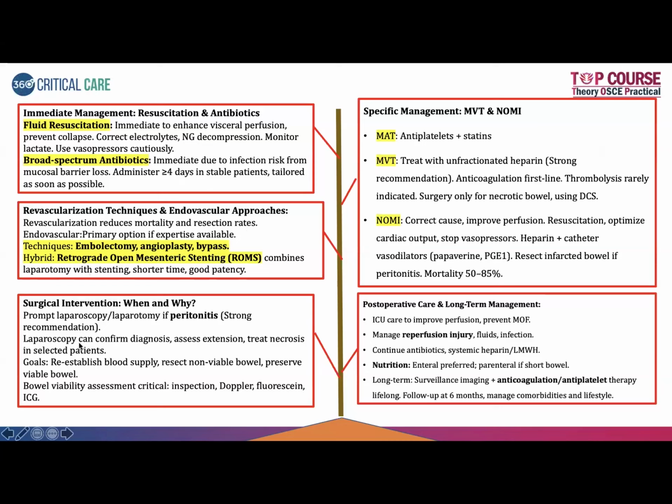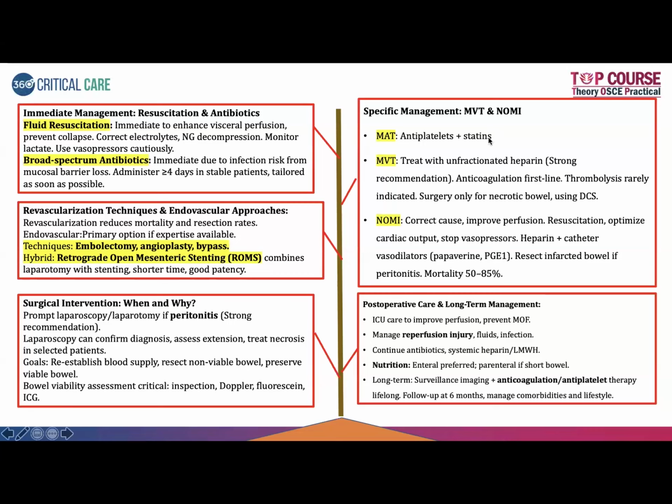Laparoscopy can be done to assess the extent of necrosis, and then make sure the blood supply is established. If not, bowel viability assessment is very critical. It can be done by inspection, but that's very difficult. They'll apply fluorescein or Doppler or indocyanine green dye application. These are the methods by which they'll assess bowel viability.